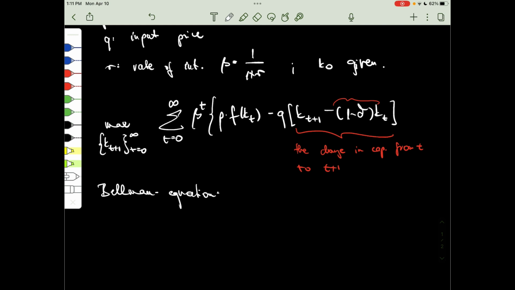The Bellman equation is this. Supposing we have feasible choices, this is the one period return function.